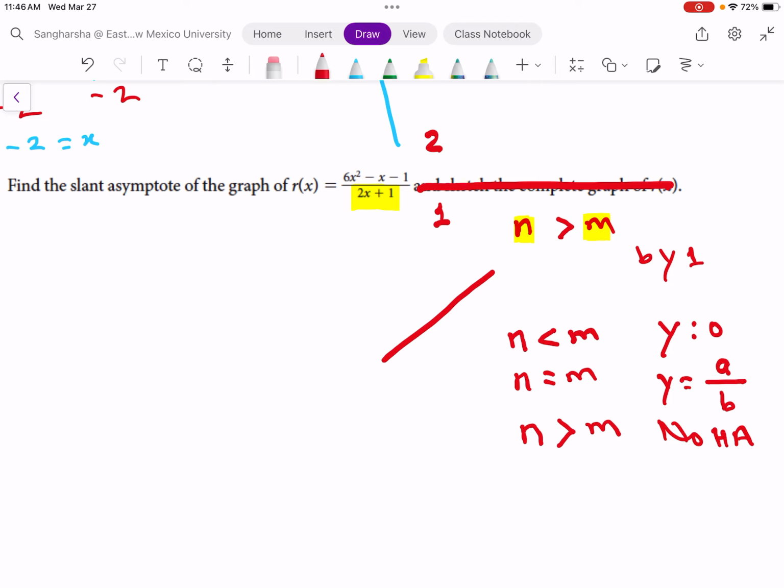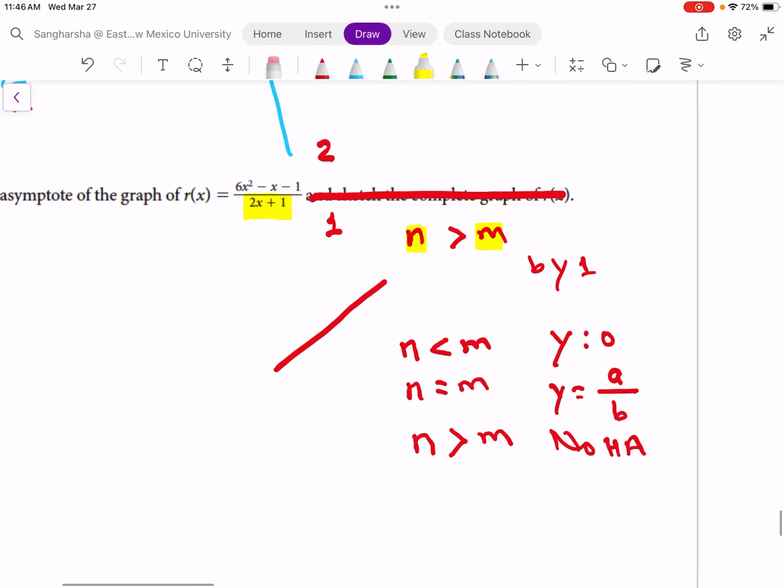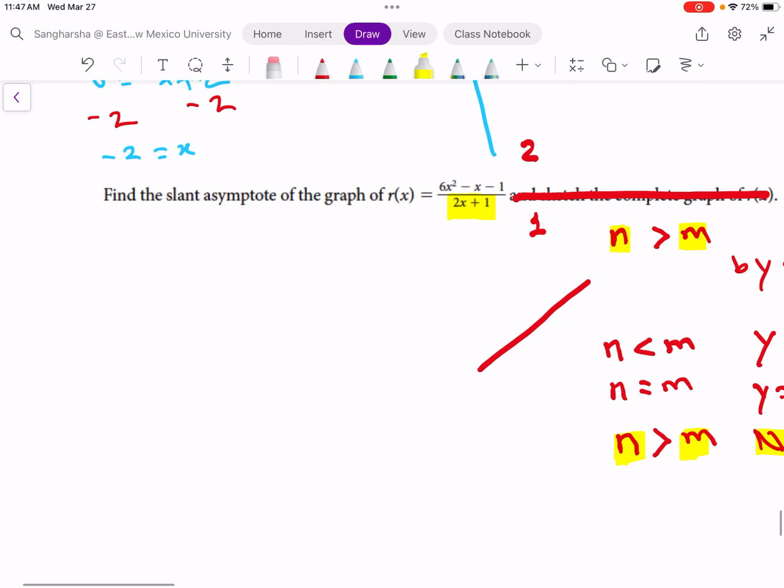There is no horizontal asymptote, but we find a slant asymptote. If the degree of numerator is greater than denominator, there is no horizontal asymptote, but we do find the slant asymptote. Now to find the slant asymptote, we need to have long division.